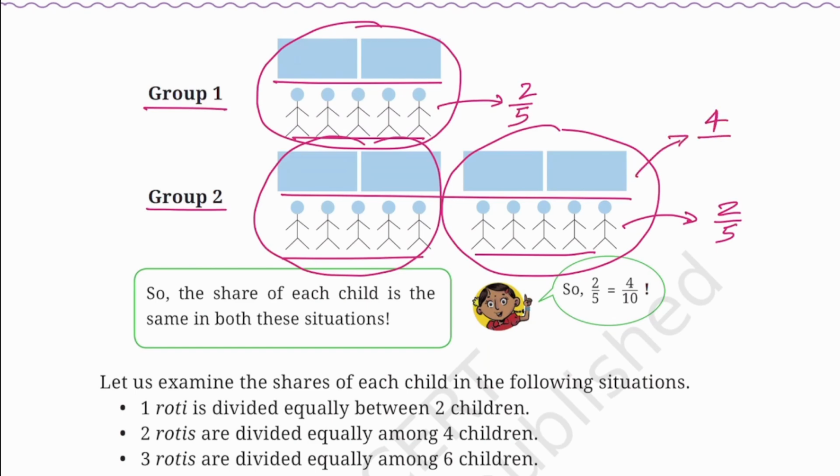Or you can understand it like this. 4 to be distributed in 10. If you divide numerator and denominator by 2, you will get 2 upon 5. So the share of each child is the same in both these situations. So 2 upon 5 is equal to 4 upon 10.